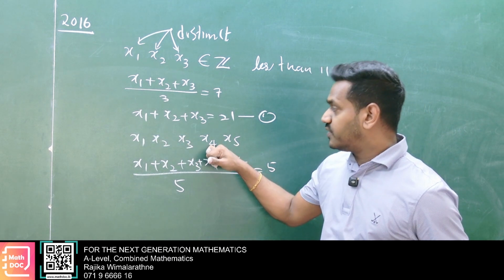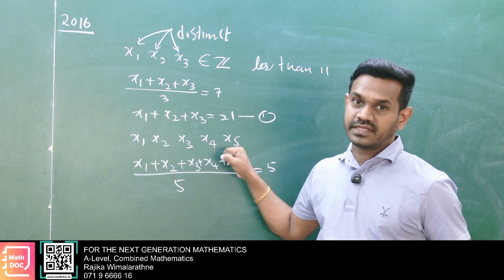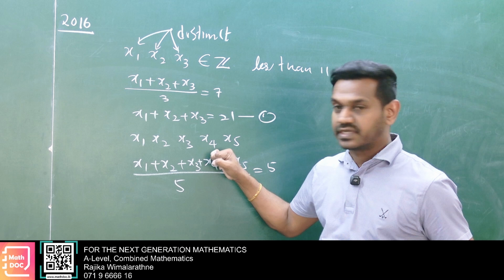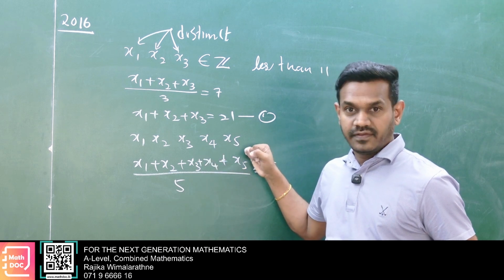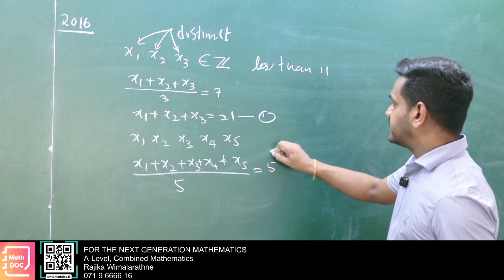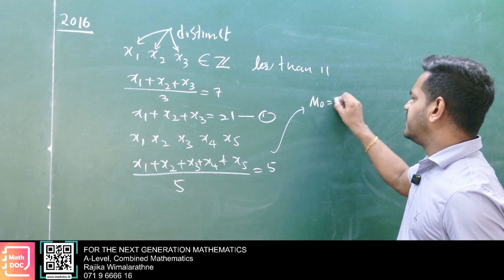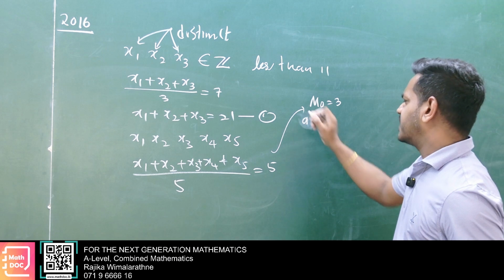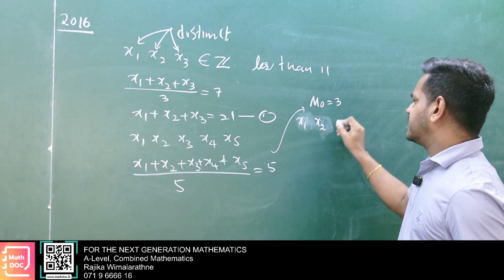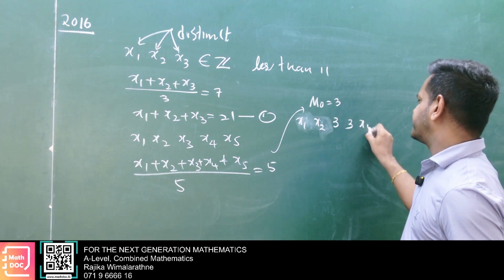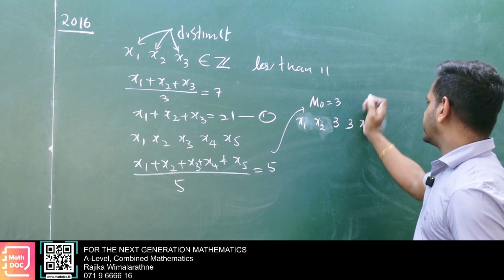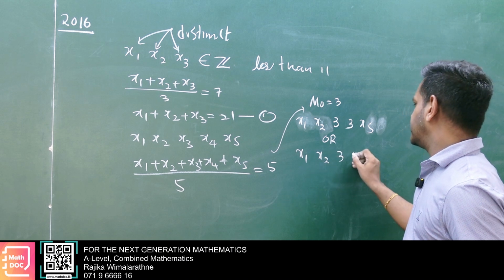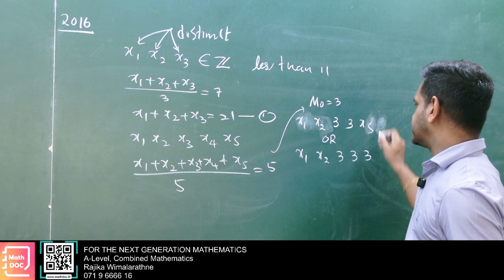So x4 or x5 can be 3, one value 3 here and another value can be 3 here. Now the possibilities: mode equal 3.